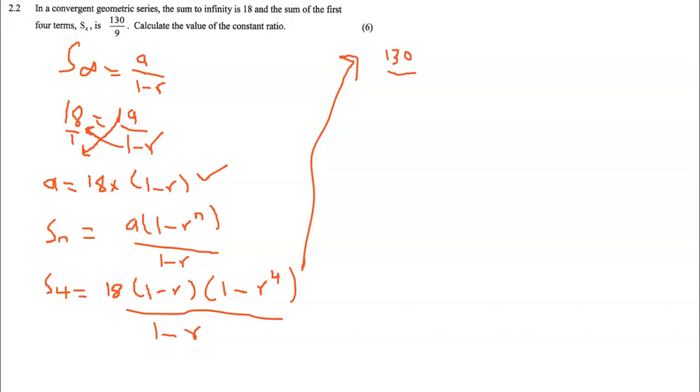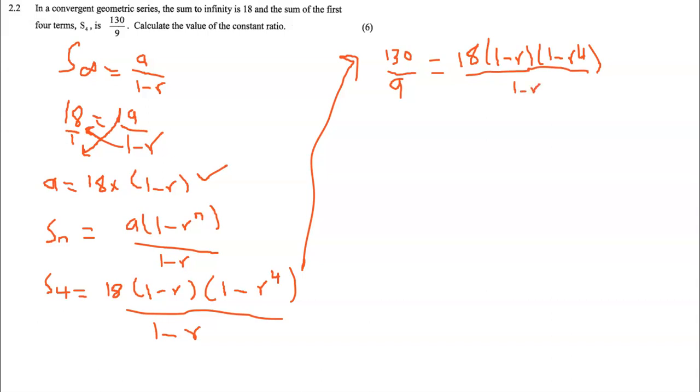So we put S4 here, and the whole thing equals 18 times the bracket 1 minus r to the power of 4, and everything on this side is over 1 minus r.